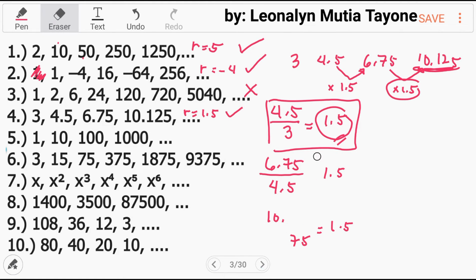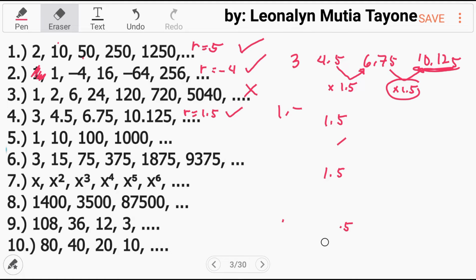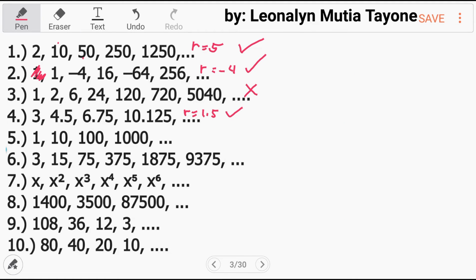Next, dito na tayo sa number 5. I-identify daw natin dito kung saan dito ang geometric sequence at paano hanapin yung common ratio nila. Sa number 5, 10 over 1, and that is 10. 100, sundan nyo lang ha kung paano natin hinanap yung common ratio.